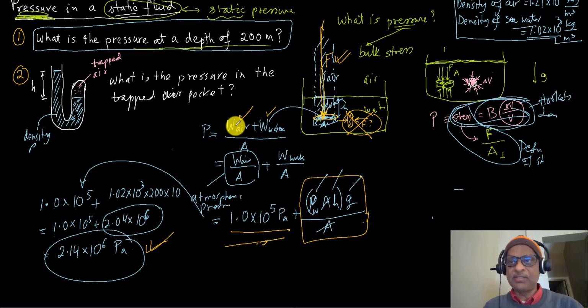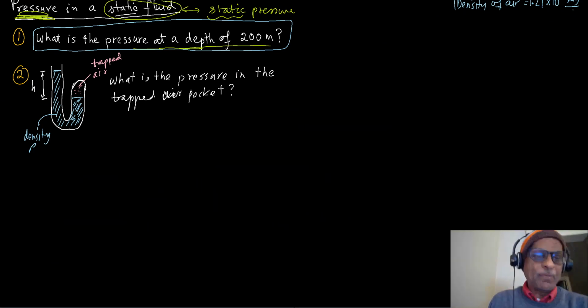2 is a more interesting problem. This is a problem in which there is air getting trapped here, and as you pour more and more, of course the pressure increases here, and this thing fills up a little bit and a little bit and a little bit, etc. At some point, this is the situation.